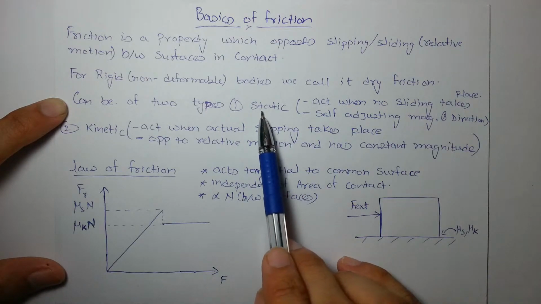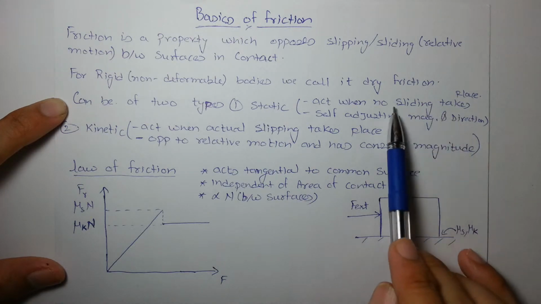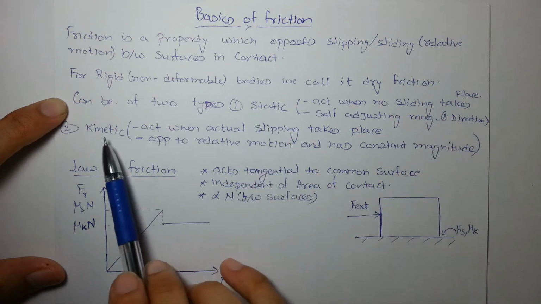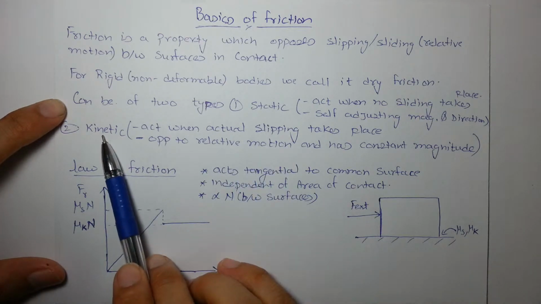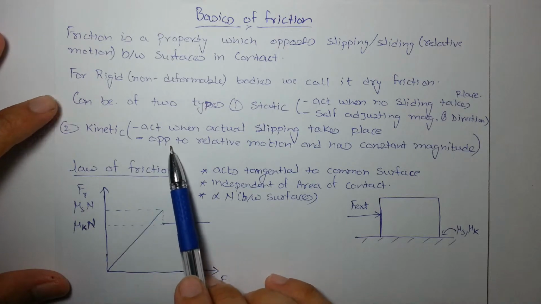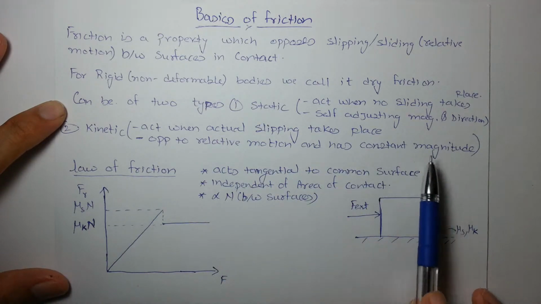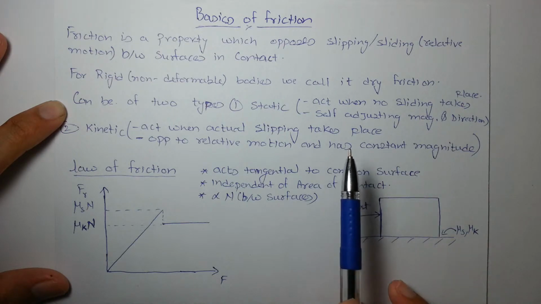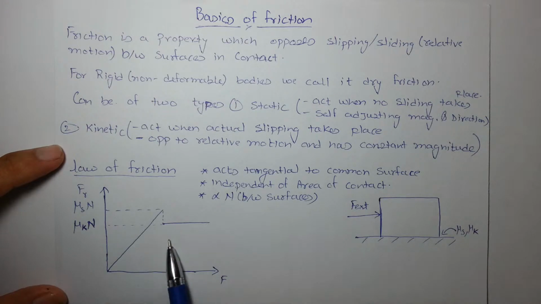The important thing is it acts when there is no slipping. When actual slipping takes place, the friction acting is kinetic. It is opposite to the relative motion and it has a constant magnitude given by mu k N.